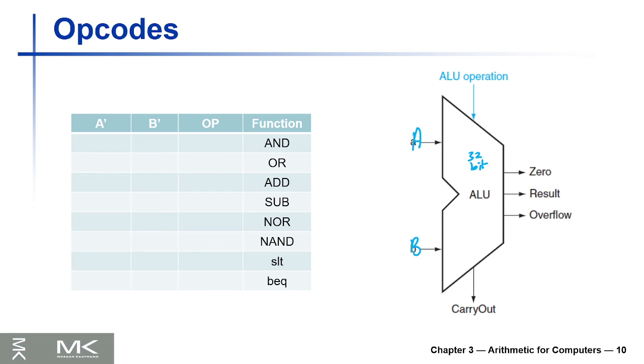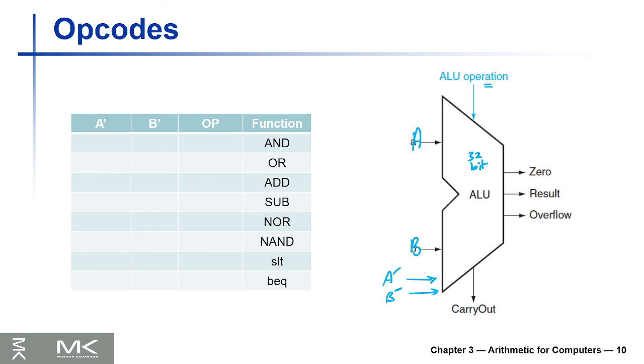It has also 2 other inputs, which are A invert and B invert. And remember, the opcode or the operation is 2 bits.